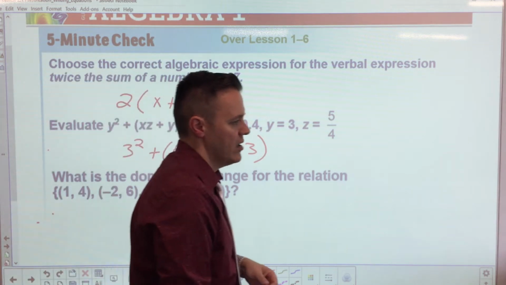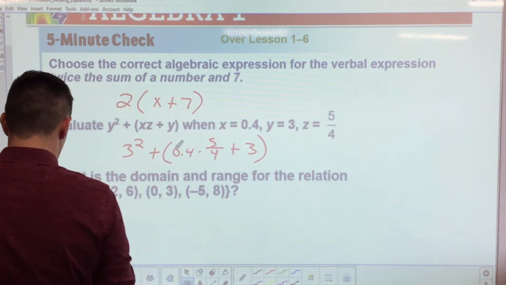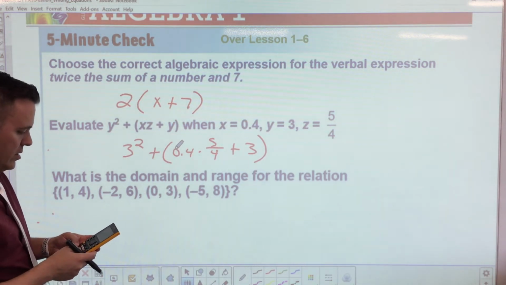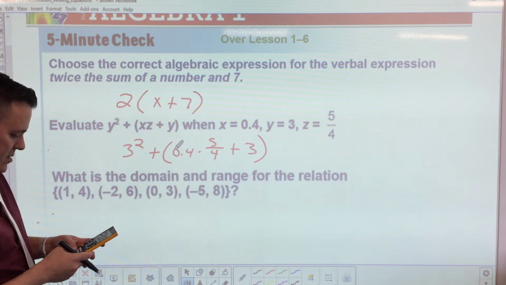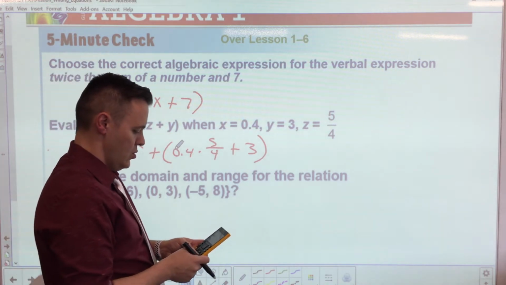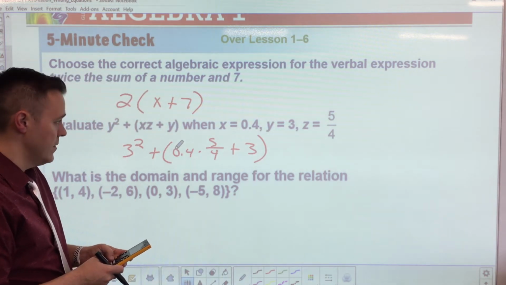Okay, so if I grab one over here, usually I have one standing by, but I didn't this time. Go ahead and put it into the equation. So on mine, I'm going to do 0.4 times 5, put a fraction in, 5 over 4.